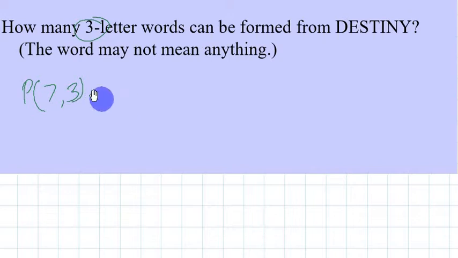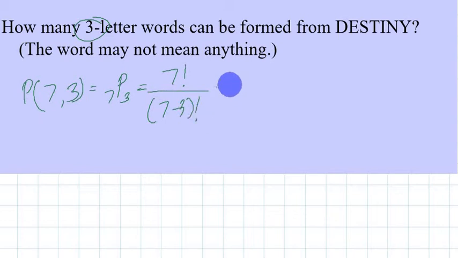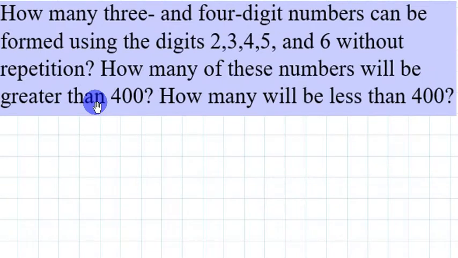So we can now take the permutation of 7 taken 3 at a time, which would be 7 factorial over 7 minus 3 factorial, which is 7 factorial over 4 factorial, giving us an answer of 210 3-letter words. Although they might not mean something, we can form 210 3-letter words from the letters of the word destiny. Let's have another example.